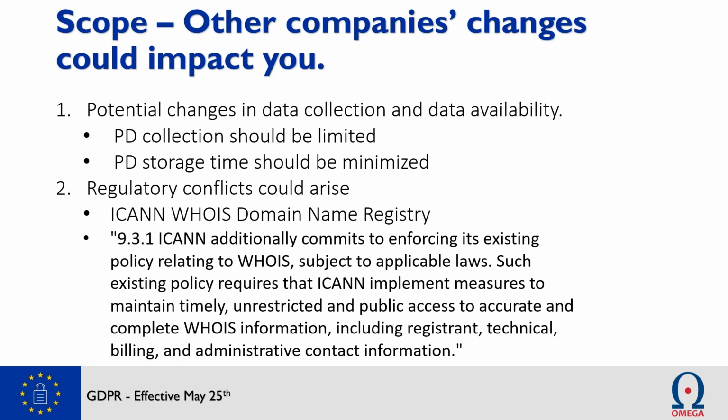Now another example is ICANN, the Domain Name Registry. It has already been brought up in some stories in the news because their usual way of processing information in the past had been that they required that anyone who registered a domain name gave public access through the WHOIS database. And now that's changing, and there are some exceptions to that, by the way.